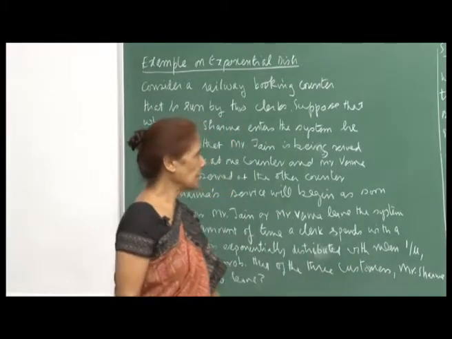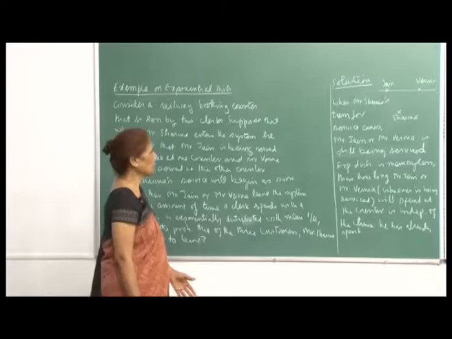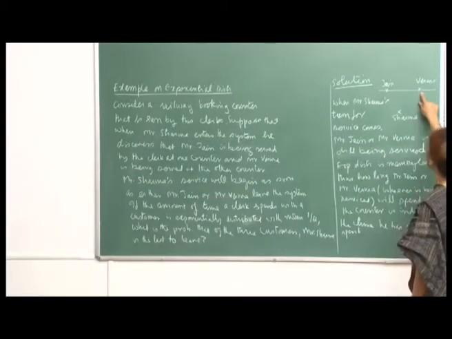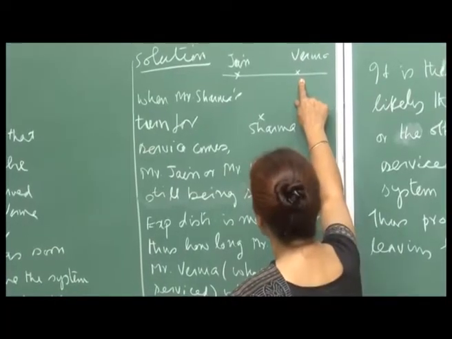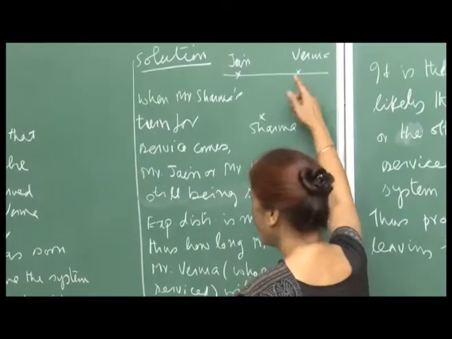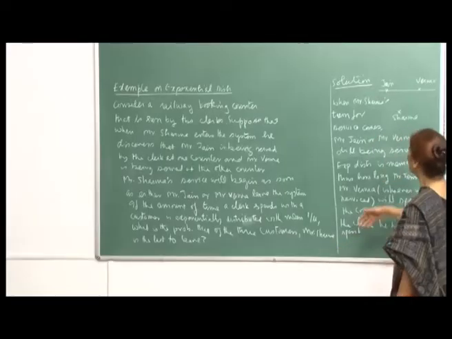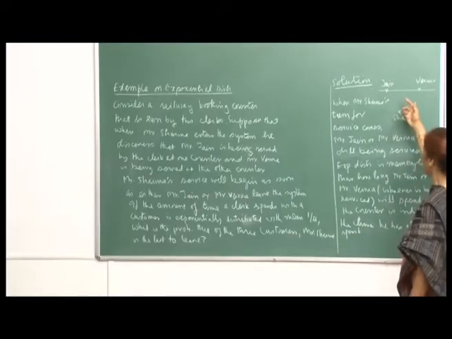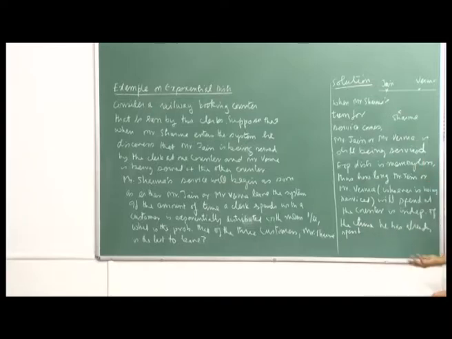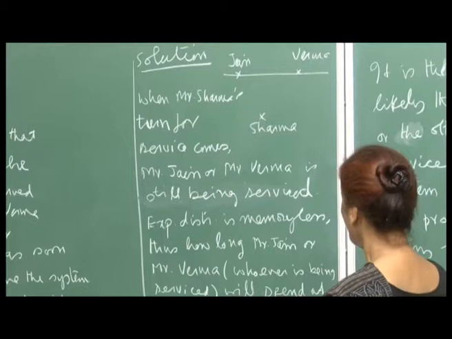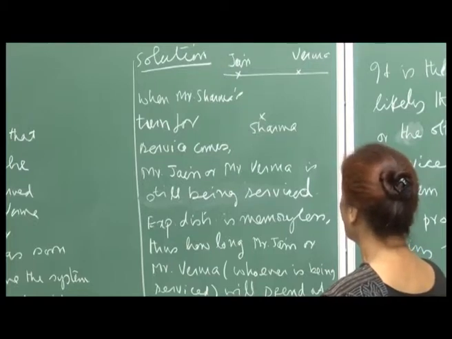So, suppose Mr. Jain is being serviced, while Mr. Sharma goes to the clerk because Mr. Verma has left. So, the question being asked is what is the probability that Mr. Sharma would still be in the system when Mr. Jain leaves. So, essentially you are asking who will be the first one to leave, either Mr. Jain or Mr. Sharma. Mr. Verma has already left, right.